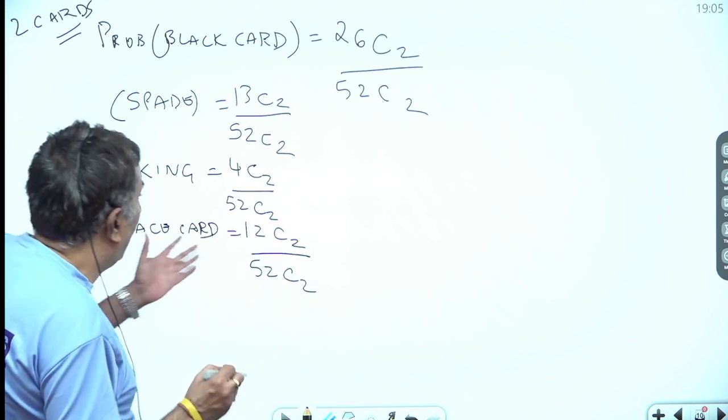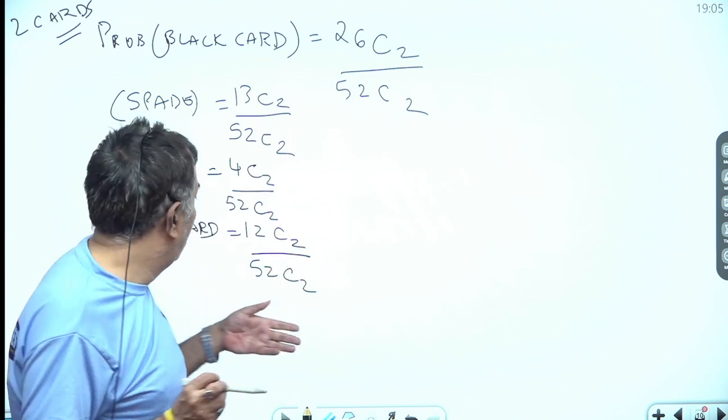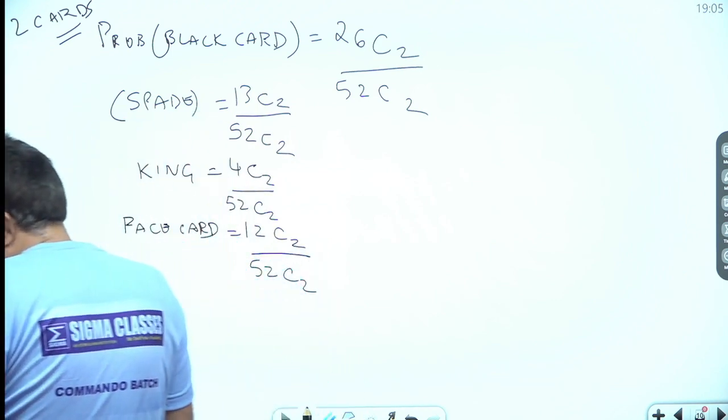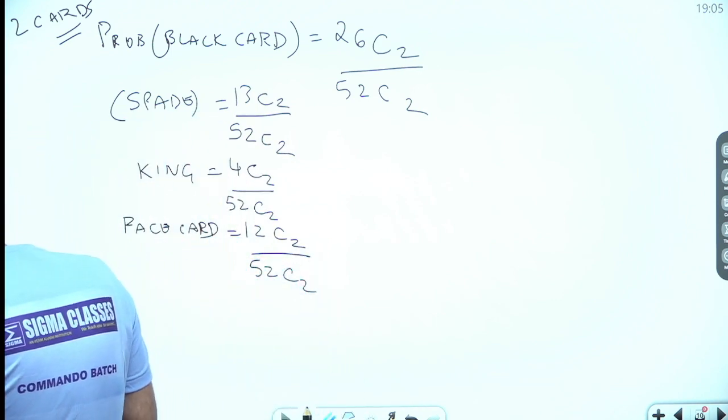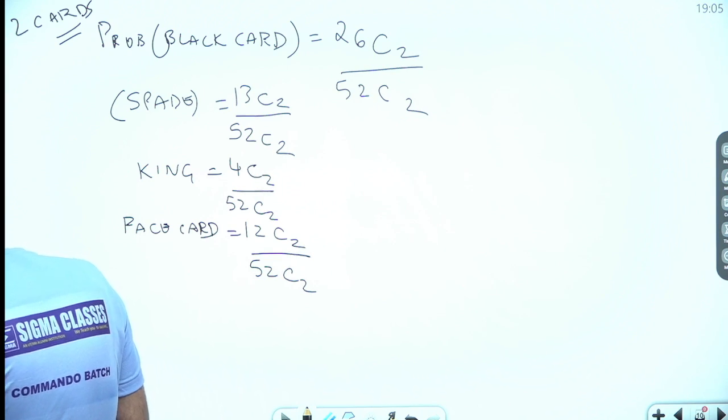So face card is, there are 12 in all and you have probability easily taken out.